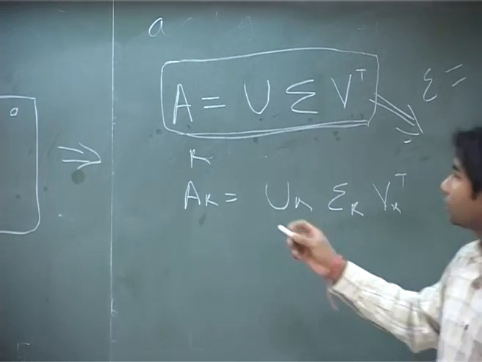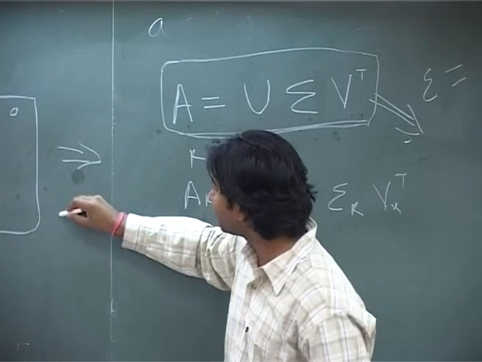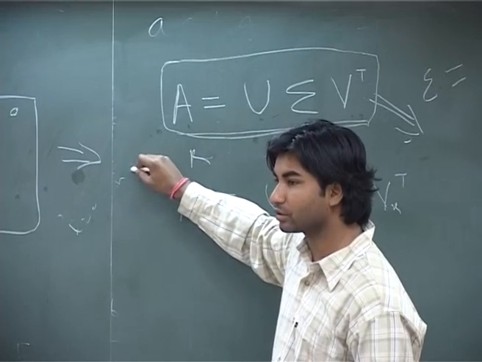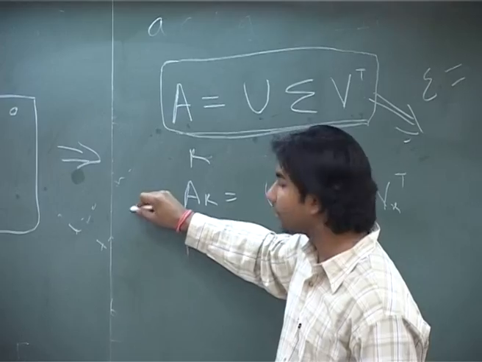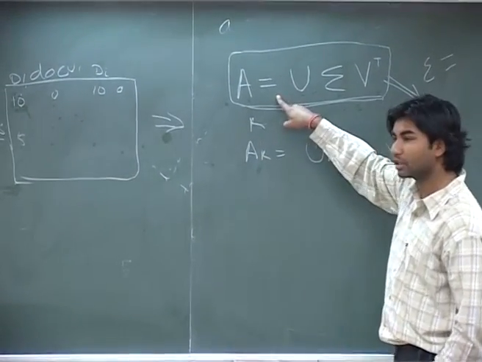Whenever this is calculated, let's say at t equals 0, this matrix size is some n cross n, and after t times it may be n plus 1 cross n plus 1. So for n plus 1 cross n plus 1, this will again be calculated.